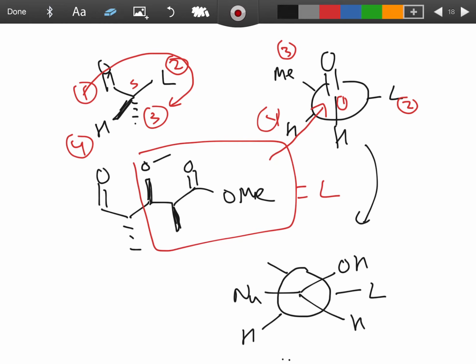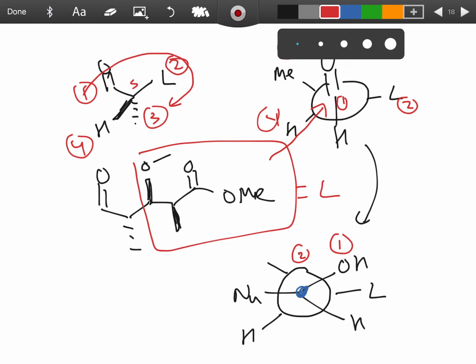So the last thing left to do is we have to get from this to our perspective drawing. So then we have to go like this group back here. So we've got to set this chiral center here. So then the thing back, and then nucleophile makes 3. I don't know why every time we do this, it ends up being S. I'm not trying. This is not my goal.